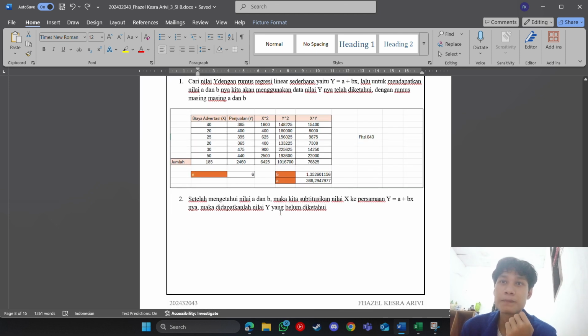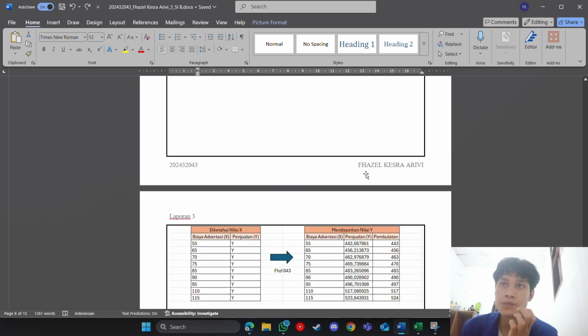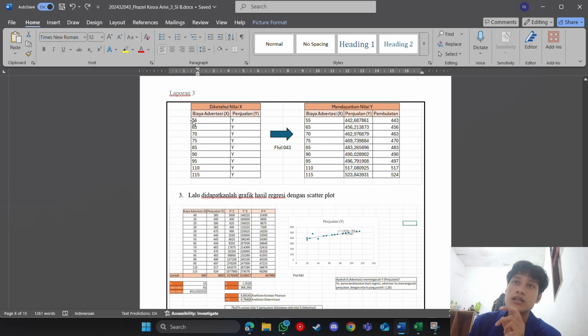So with the formula y equals a plus b times x, we need to know the value of b and the value of a. So I got them here, and then I just need to substitute here.